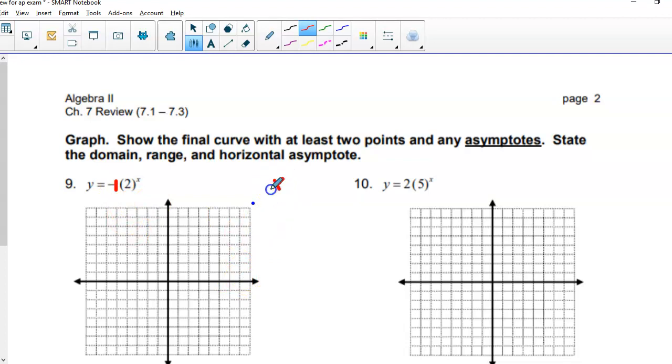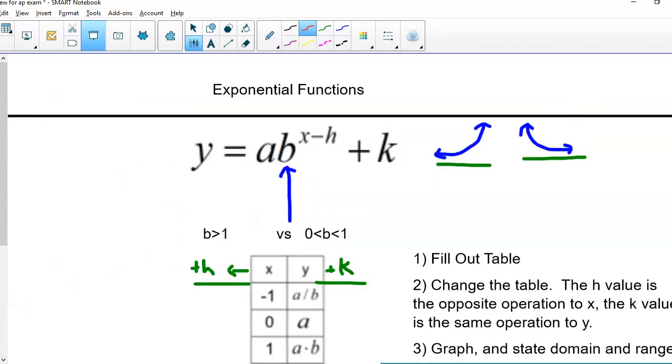If you look back, we have -1, 0, and 1 in our table.